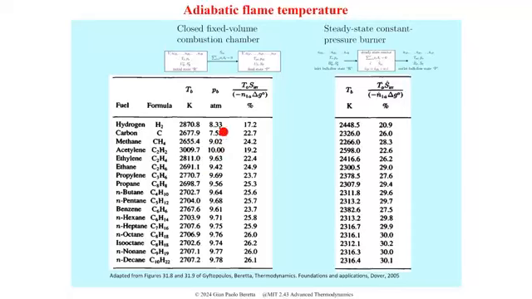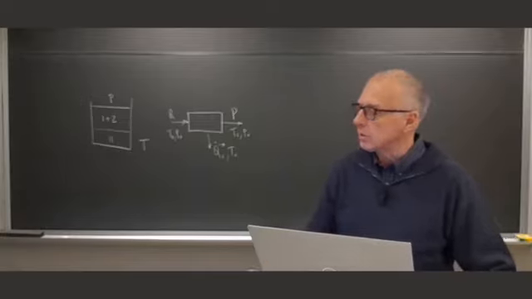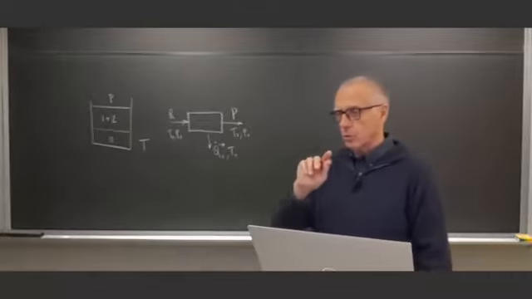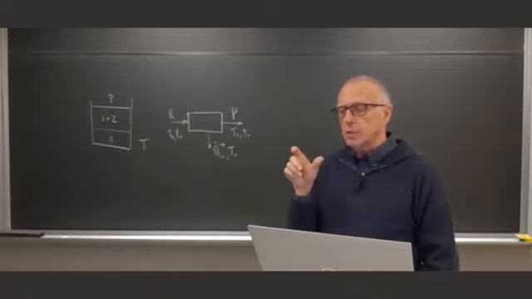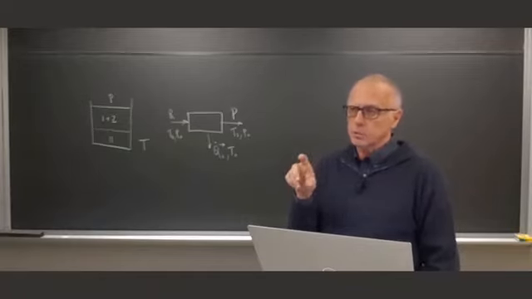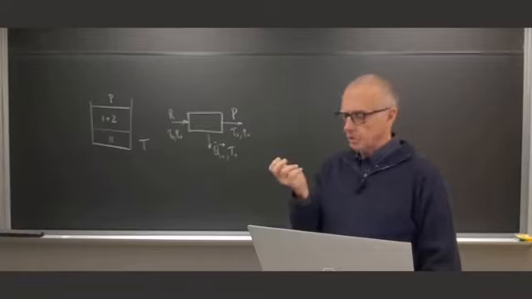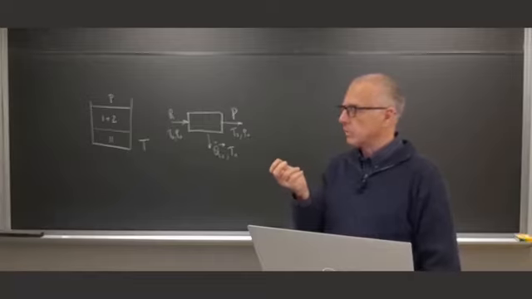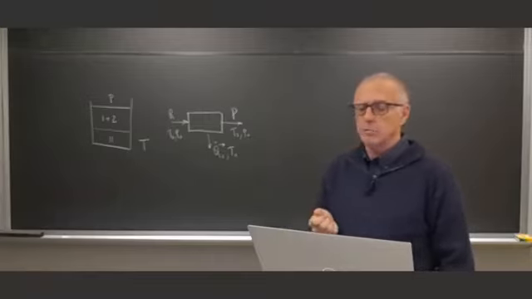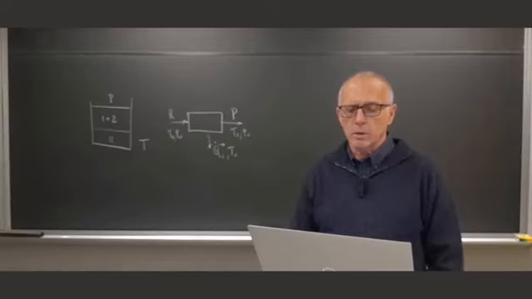Actually, these calculations are done not using simply the reaction of oxidation of the fuel, but they're also using the other two reactions, that of dissociation of CO2 and of H2O, because those two reactions are important at high temperatures and are also energy intensive, in the sense that they consume some of the energy released by the combustion reaction, and therefore they are important.